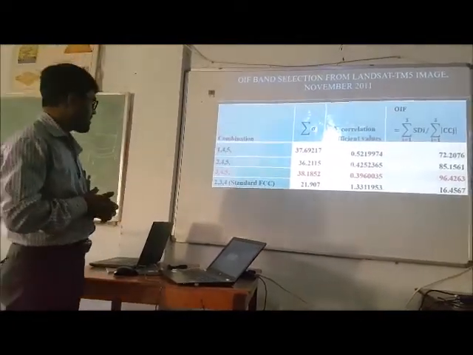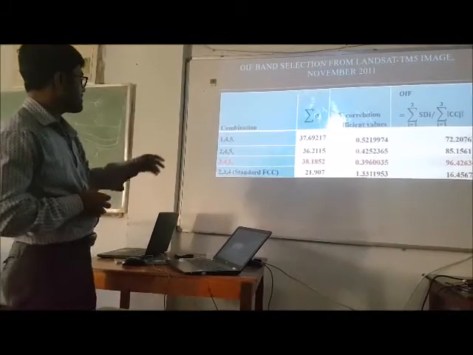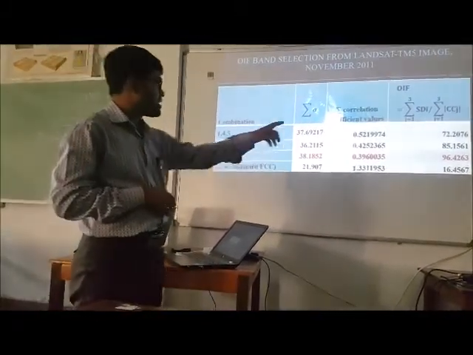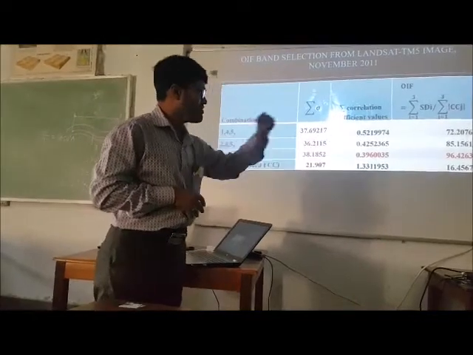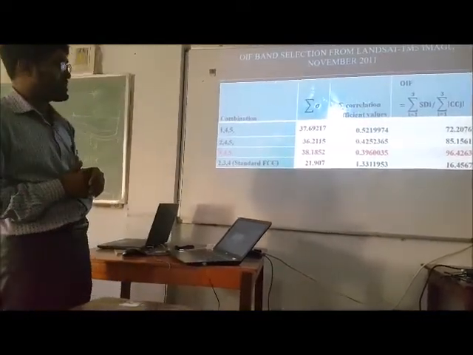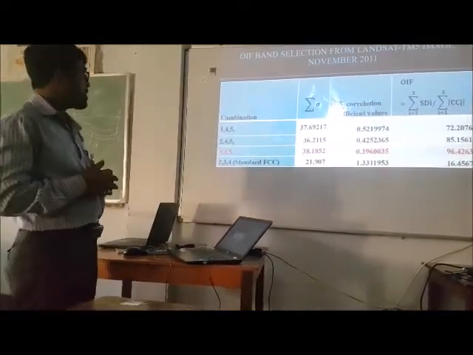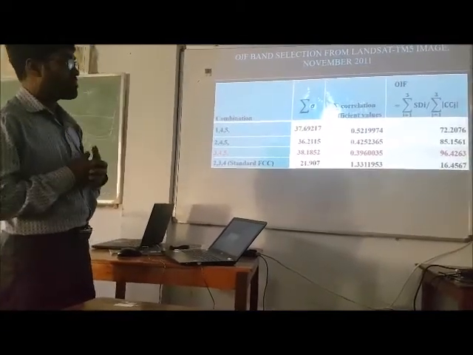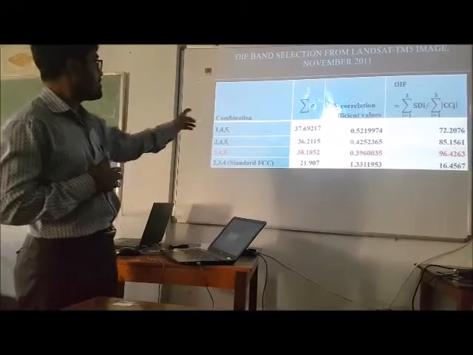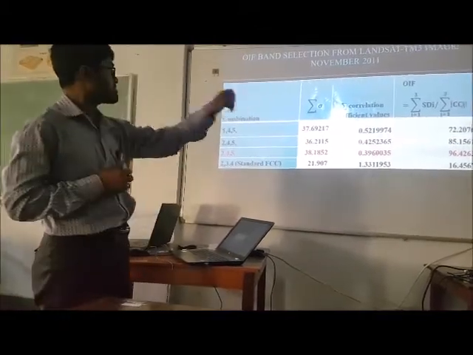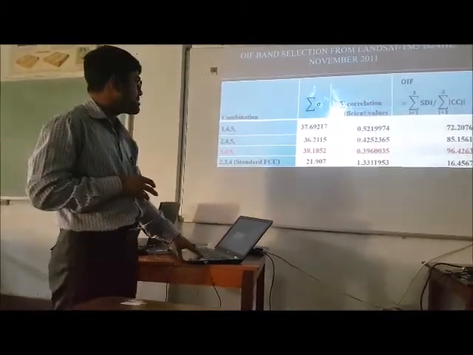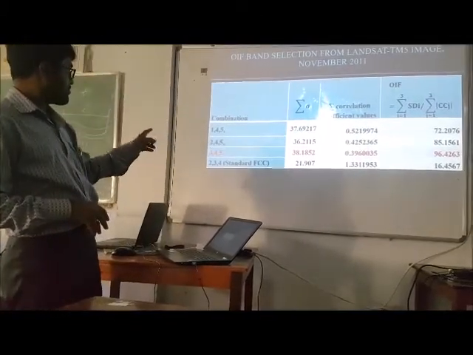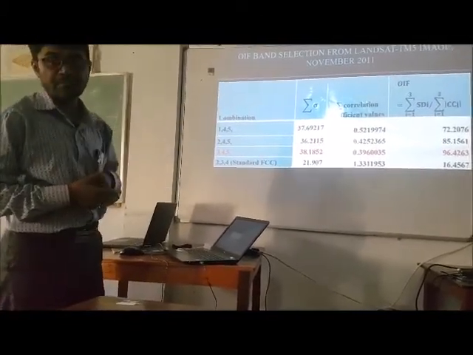Among them, 543 gives the highest value, that is 96.42, and the lowest OIF, optimum index factor, value is for 541.72. So in this case, the 543 combination will give a better result.